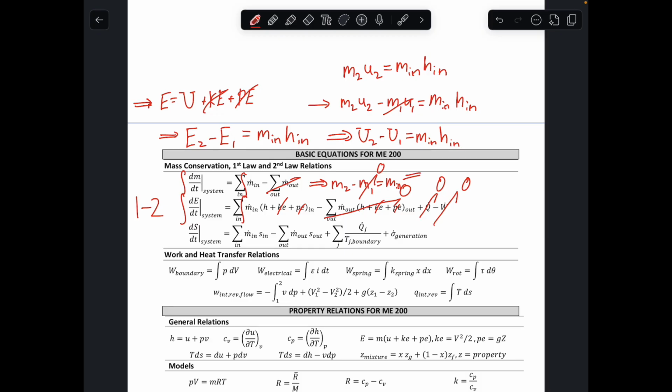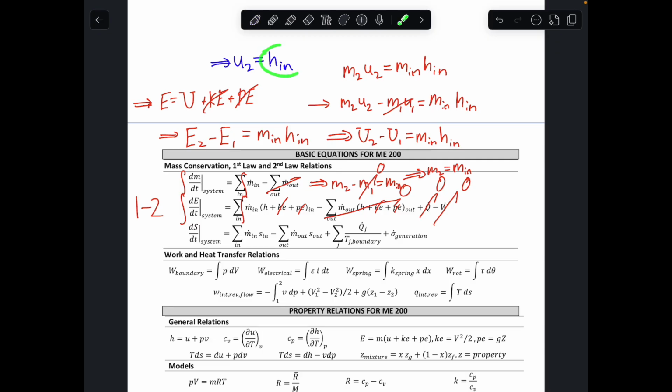So we just see that m2 is equal to m in. Sorry, it's getting a little messy here, but that's the result that we have. m2 equals m in. So we can simplify this even further because that term will cancel out. And so the final result that we want here is that our internal energy at state 2, u2, is just equal to our enthalpy at the inlet.